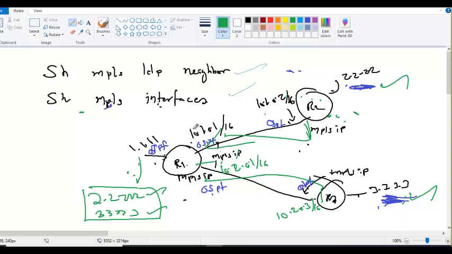We have multiple areas, but MPLS runs on a single area, devices on a single area. This is how I have seen it in reality. All the PE routers that connect to the customer are in the same area.